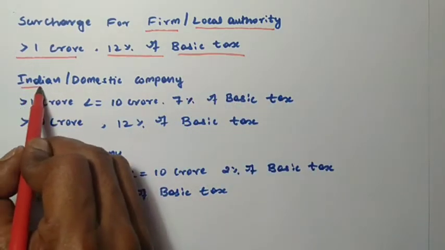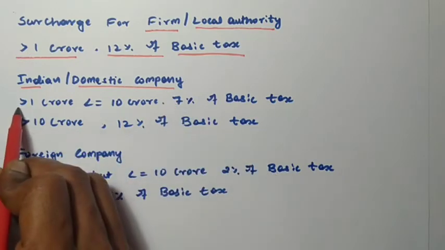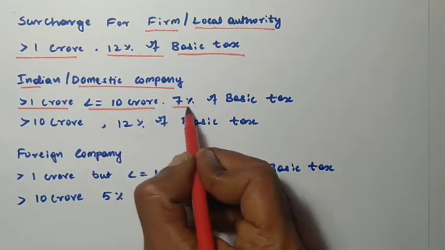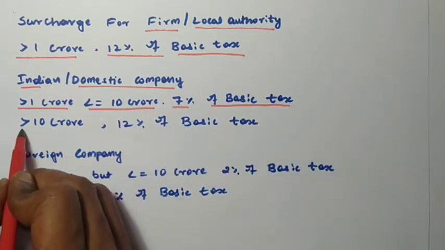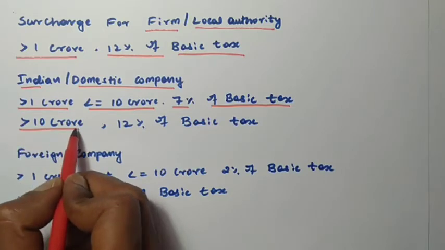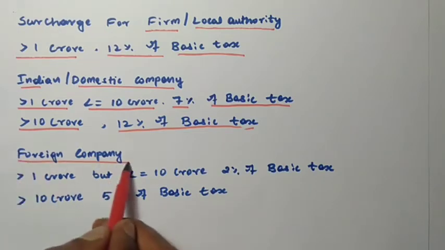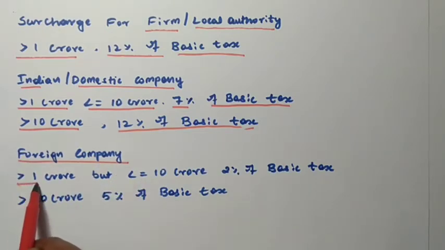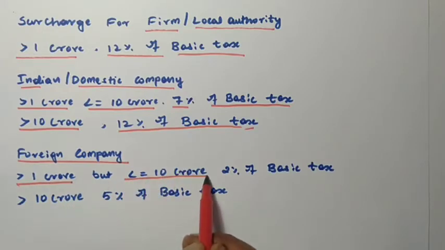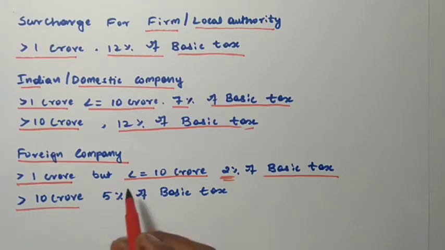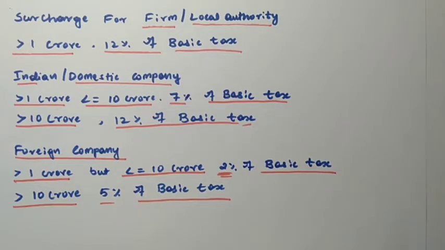For an Indian or domestic company, if the company earns more than 1 crore but less than 10 crore, 7% of basic tax. If the company earns more than 10 crore, 12% of basic tax. For a foreign company, if the company earns more than 1 crore but less than 10 crore, 2% of basic tax. More than 10 crore, 5% of basic tax. So these are the surcharge rates we have.